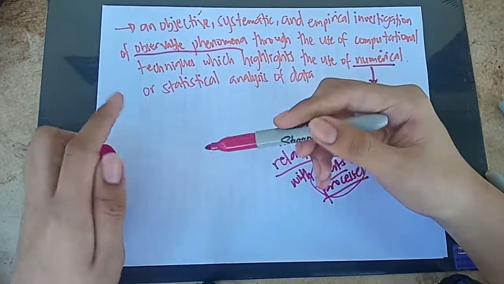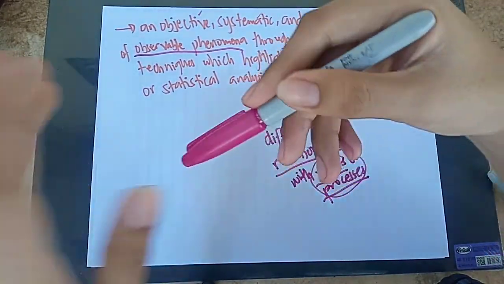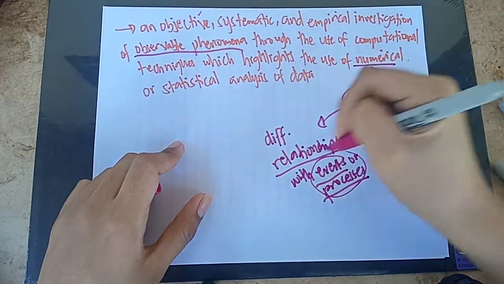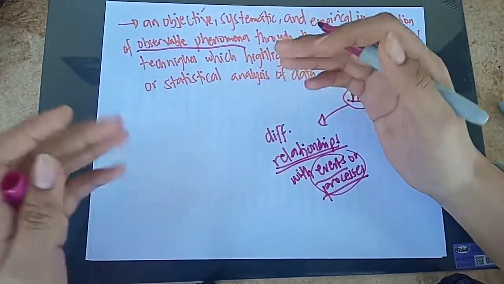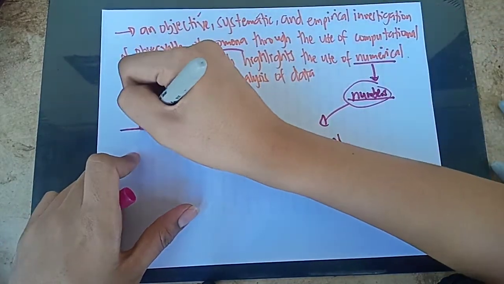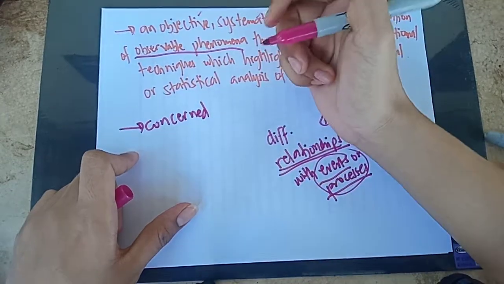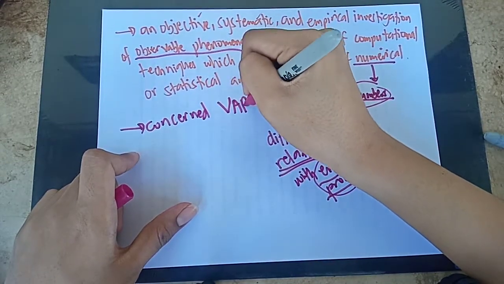Since quantitative research is concerned with both numbers and relationships, it is safe to say that it is heavily concerned with variables.